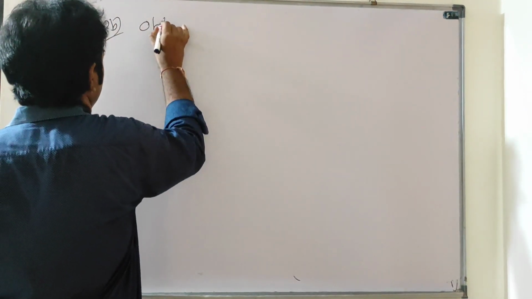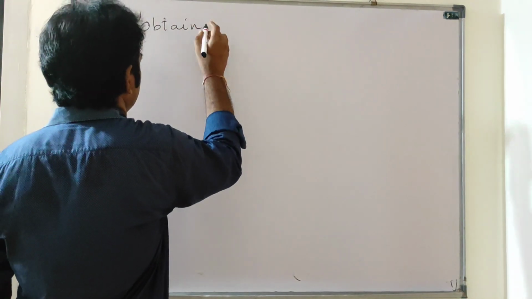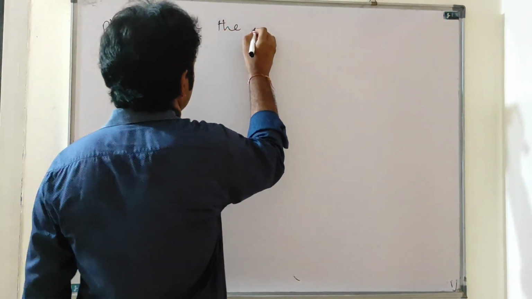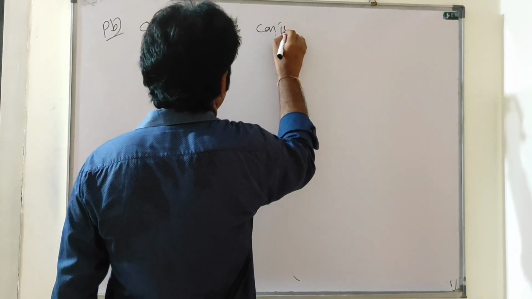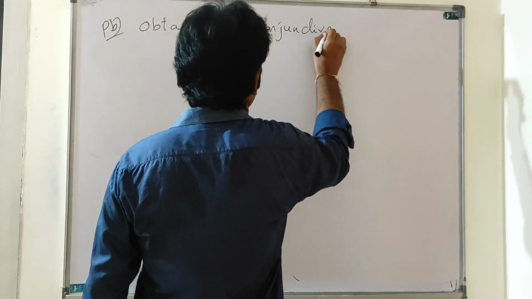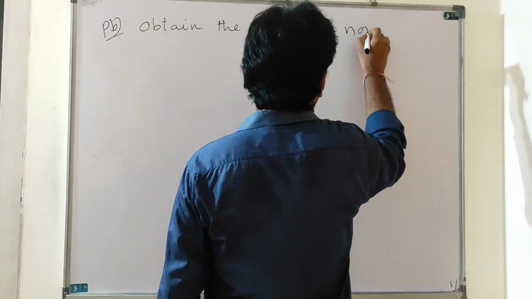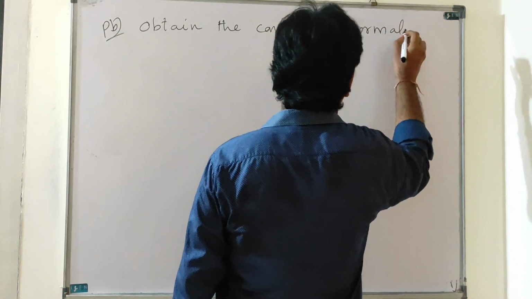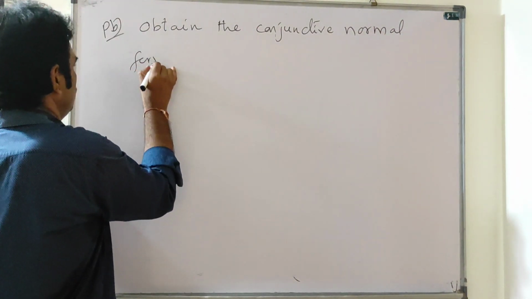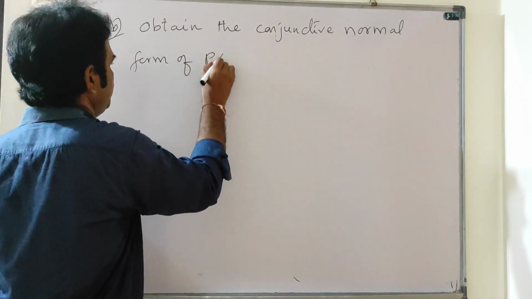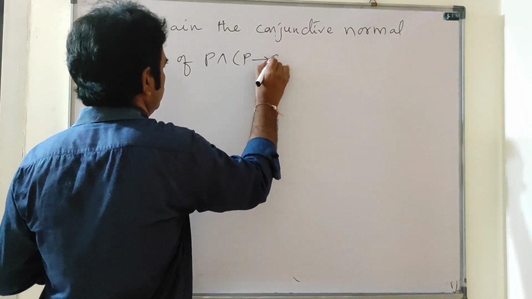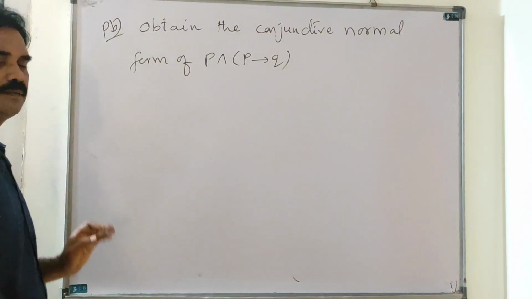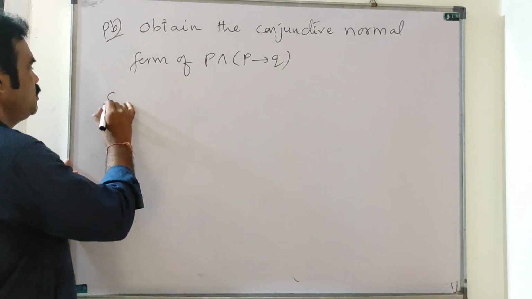Obtain the conjunctive normal form of P and P implies Q. See the solution.